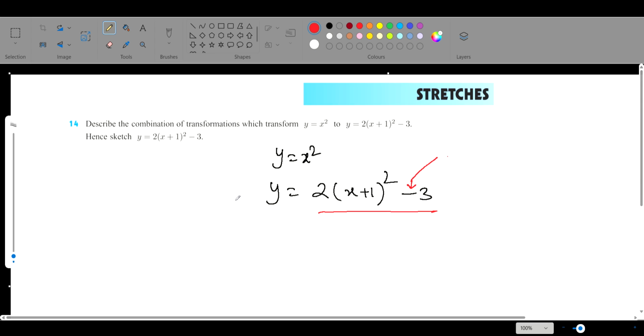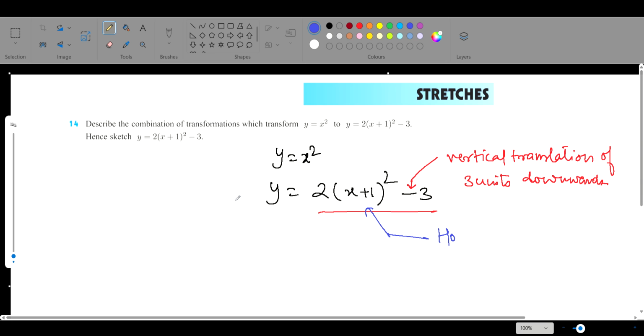This minus 3 is what? A vertical translation of 3 units downward. x plus 1 is a horizontal translation of 1 unit to the left.